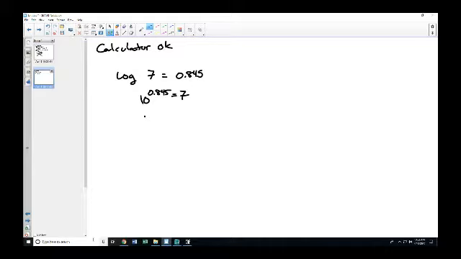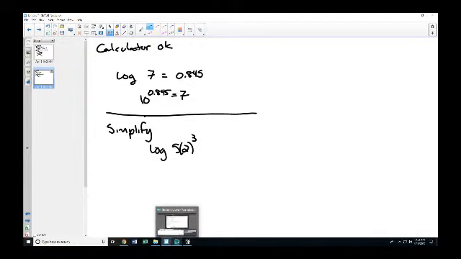Our calculators are pretty functional nowadays, so what I'm going to show you now can be helpful in using the log properties and practicing those, but your calculator can still manage these. If you've got a problem like simplify log 5, your calculator can just slam that number out, right?